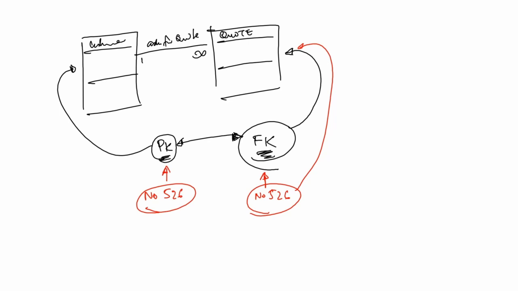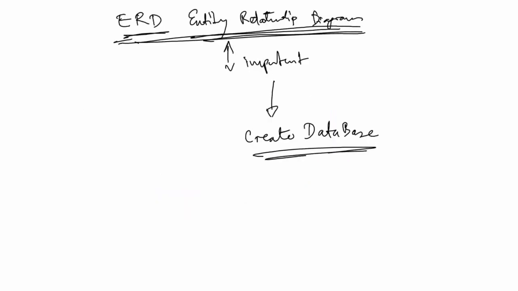Where are we now? Okay, it got shifted. So we have entity relationship diagrams. They are important because we use them to create databases. And entity relationship diagrams look something like this.